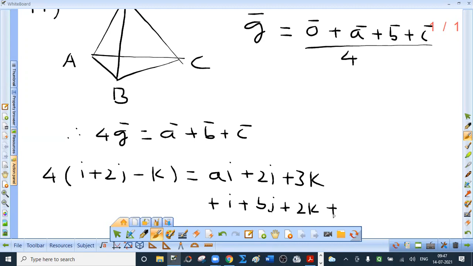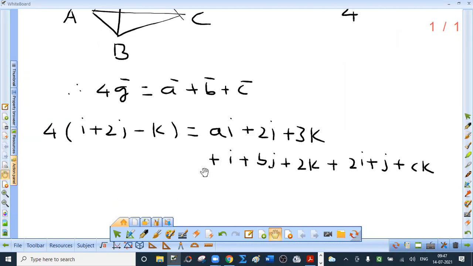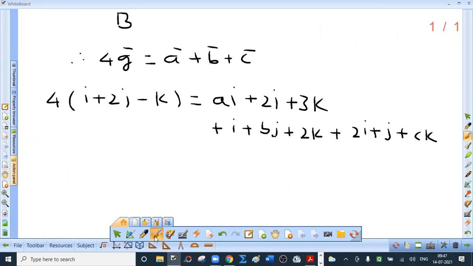And what is C bar? 2i cap plus j cap plus c k cap. Okay. Now three unknowns, three equations. So 4i plus 8j minus 4k equal to, take i cap common. See what you get.